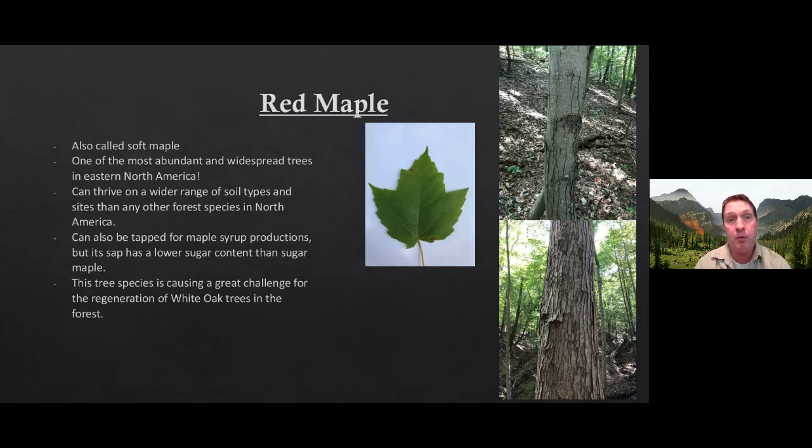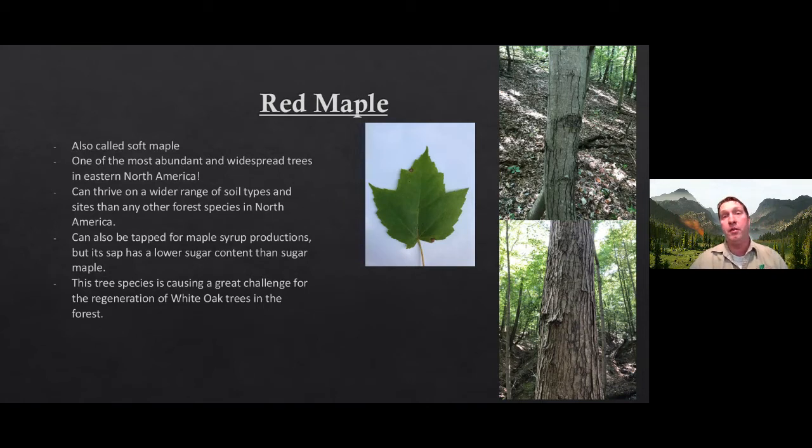And red maple is one of the most abundant and widespread trees in all of Eastern North America. Which also means this can create a challenge to grow other species, like what Jeremy was talking about earlier in the presentation, species such as white oak.